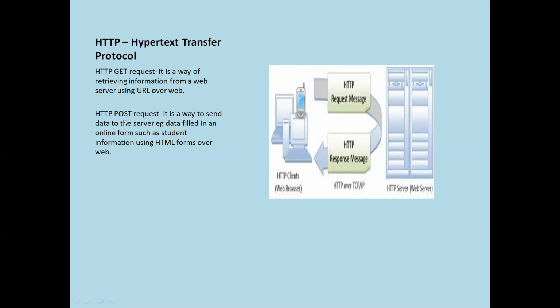Now the HTTP POST request is a way of sending data to a server, for example data filled in an online form, such as student information, using HTML forms over the web. So we usually use POST as a way to extract information from the user side, and these POST requests will be stored in the server in the form of a database where all your details will be stored.